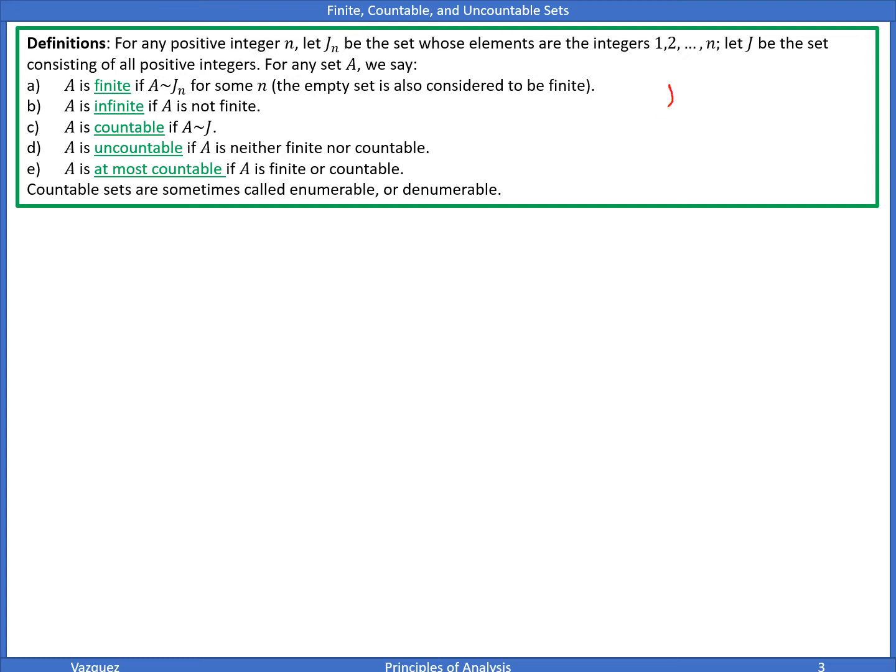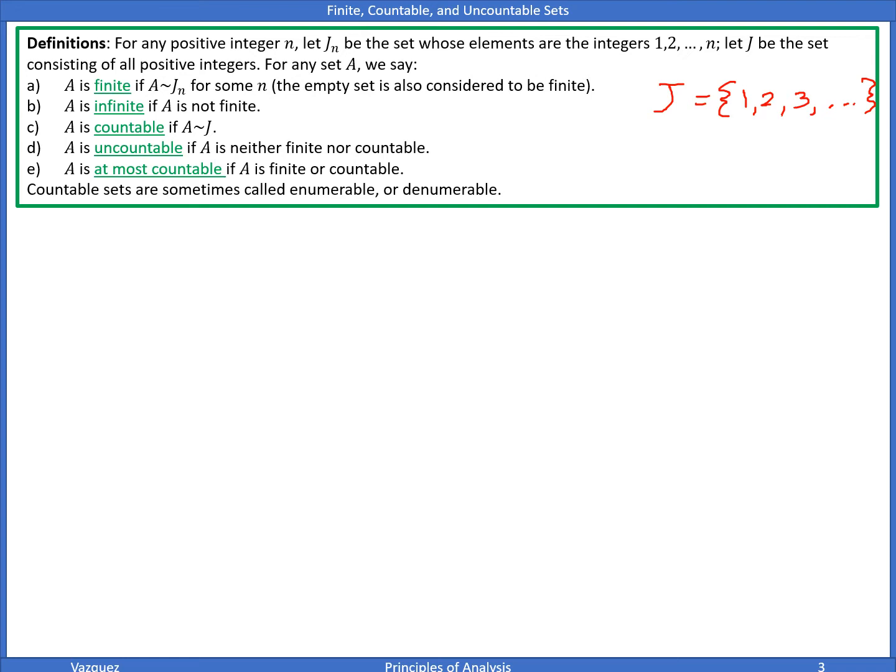In this case, I just want to point out J we're using to pretty much mean positive integers. You might know those as the natural numbers. In this case, we're using uppercase J. So it's just different notation. Don't let that confuse you. A is infinite if A is not finite.